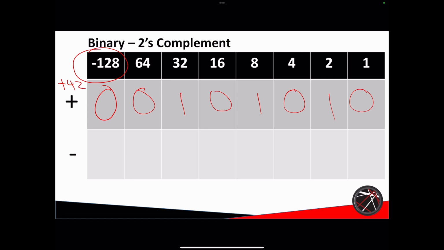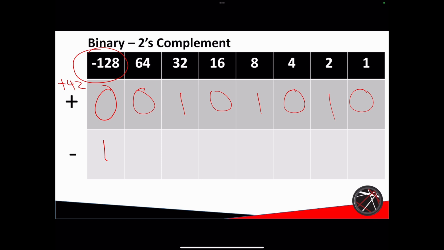Where 2's complement is less straightforward is that I can't just turn this one on and have the rest become minus 42, because it's counting from minus 128. Every time we turn one of our binary places on, we're adding to minus 128. So if I have the number 2 on, then it goes up to minus 126, for argument's sake. The beauty though is that there's a very easy and quick way to do it.